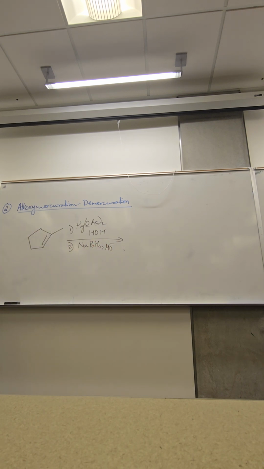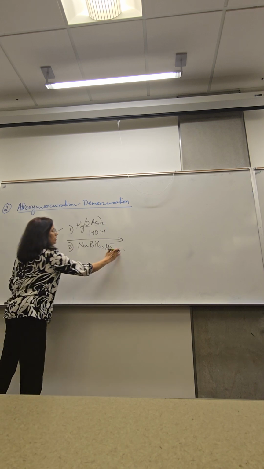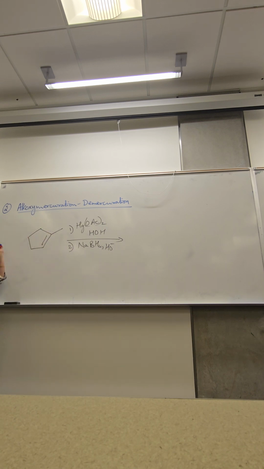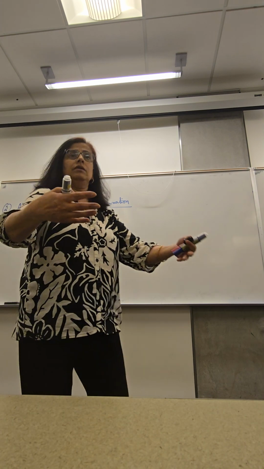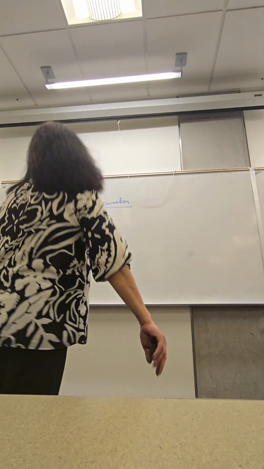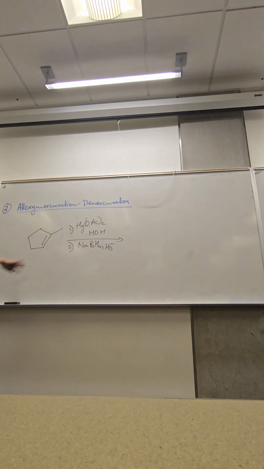What's the expected product from what you remember? Markovnikov, without rearrangement. What is the product though? An alcohol. So what would that be in this case?